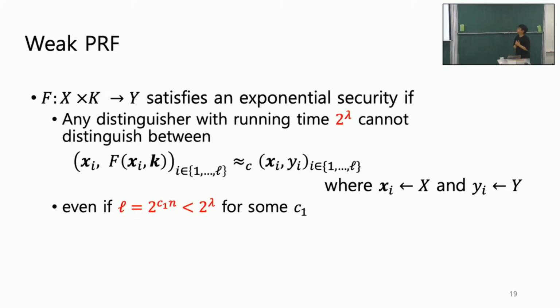So what is exponential security? Exponential security means that any distinguisher with learning time 2 to the lambda cannot distinguish between two joint distributions, even if we have exponentially many samples, but fewer than 2 to the lambda.